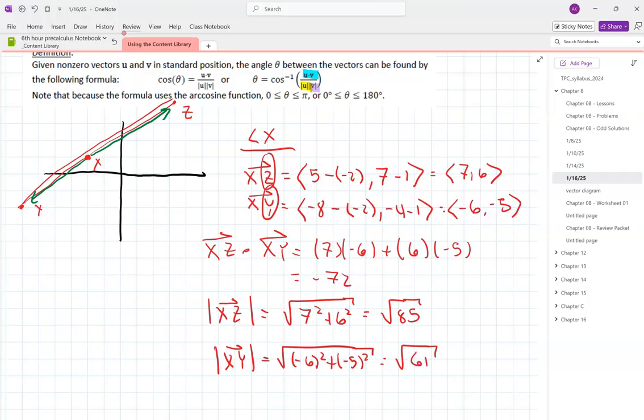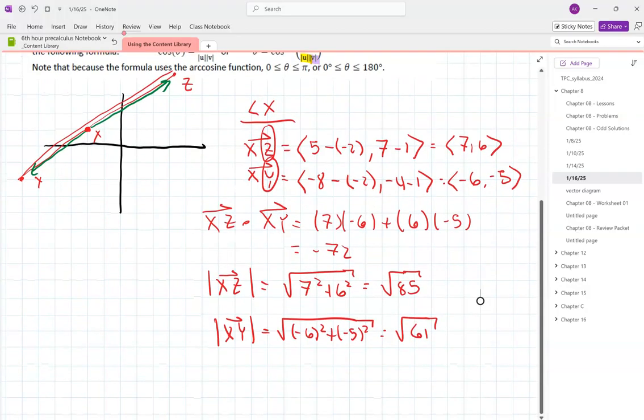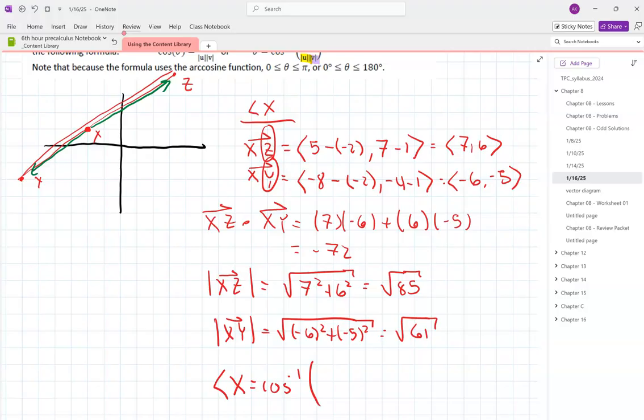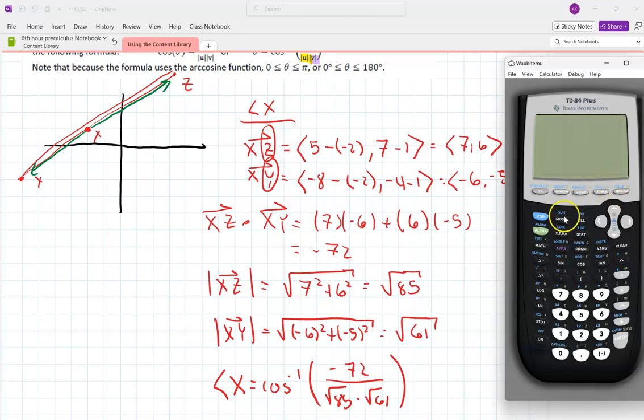So my angle X is going to be cosine inverse of the dot product over the magnitudes multiplied together. I'll do that in my calculator. Before I start, I'll make sure I'm in degree mode because that seems the most reasonable.